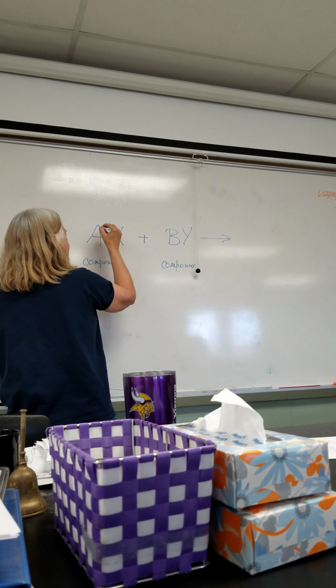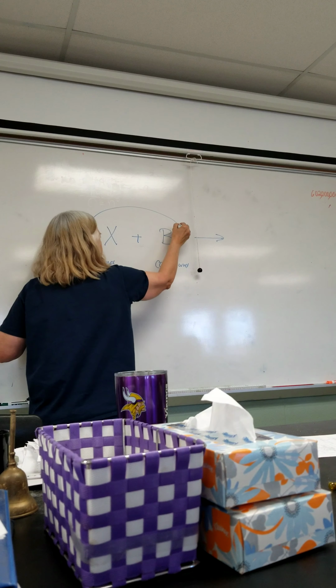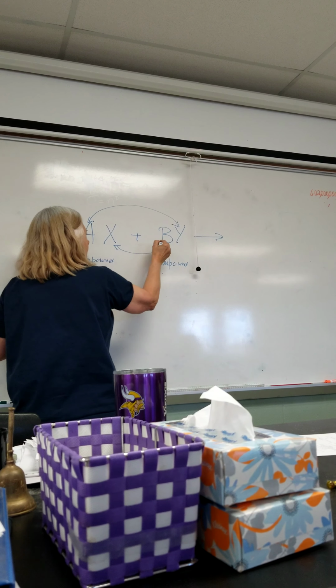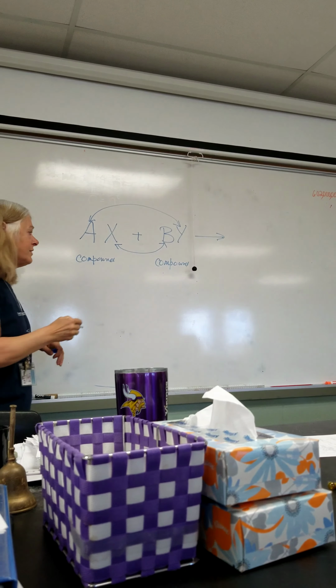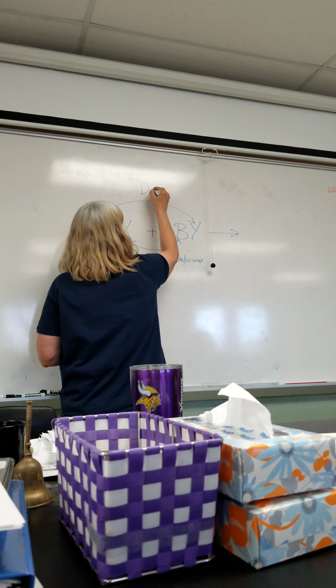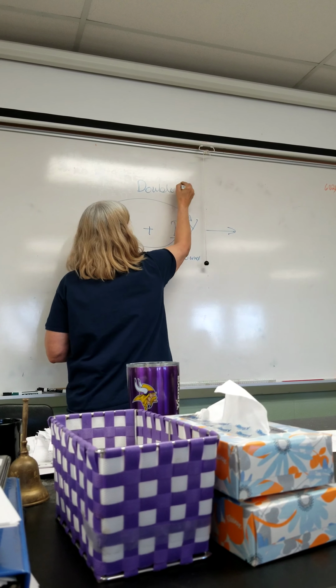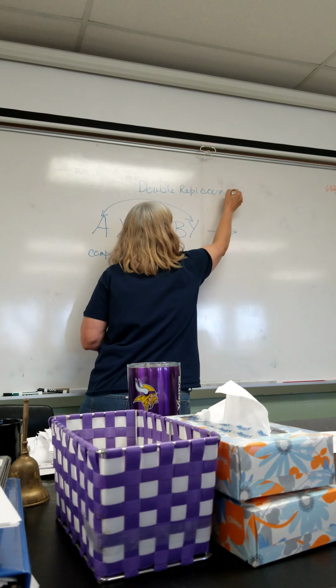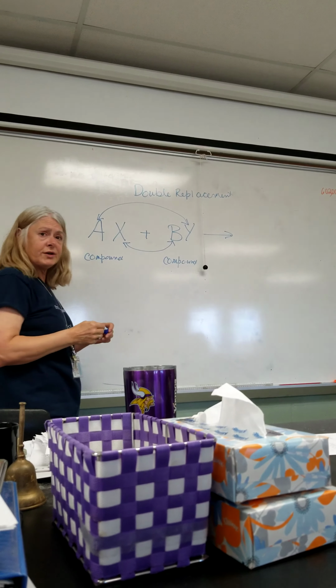And then these two are going to go together, and these two are going to go together. This is going to be a double replacement, because two things are switching spots.